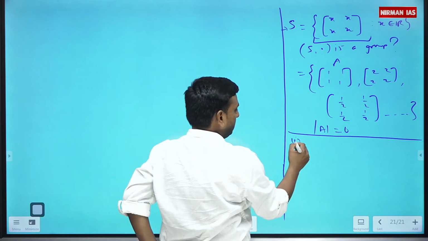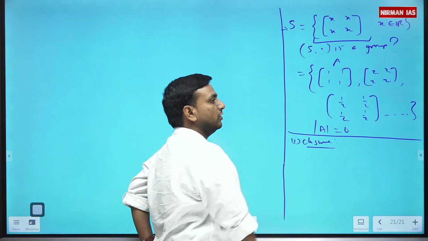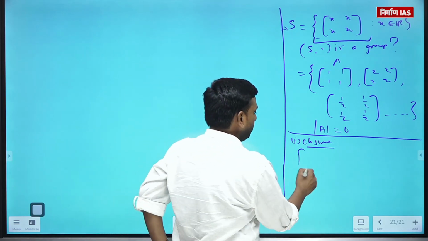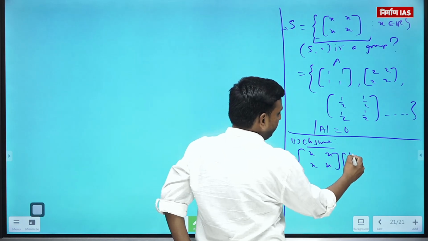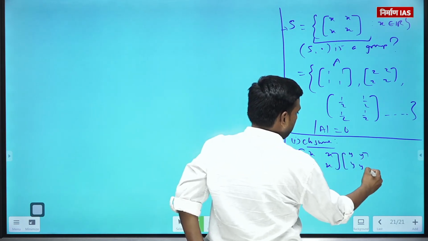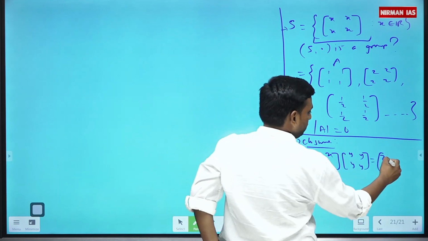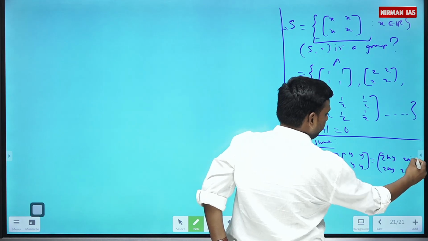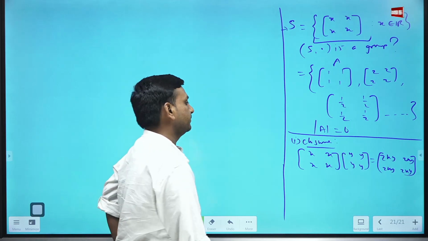number first, closure, or you can say whether multiplication of matrices is a binary operation or not. So if I multiply any two arbitrary matrices, what I am going to get is xy plus xy, that is 2xy in every entry. Is that clear?